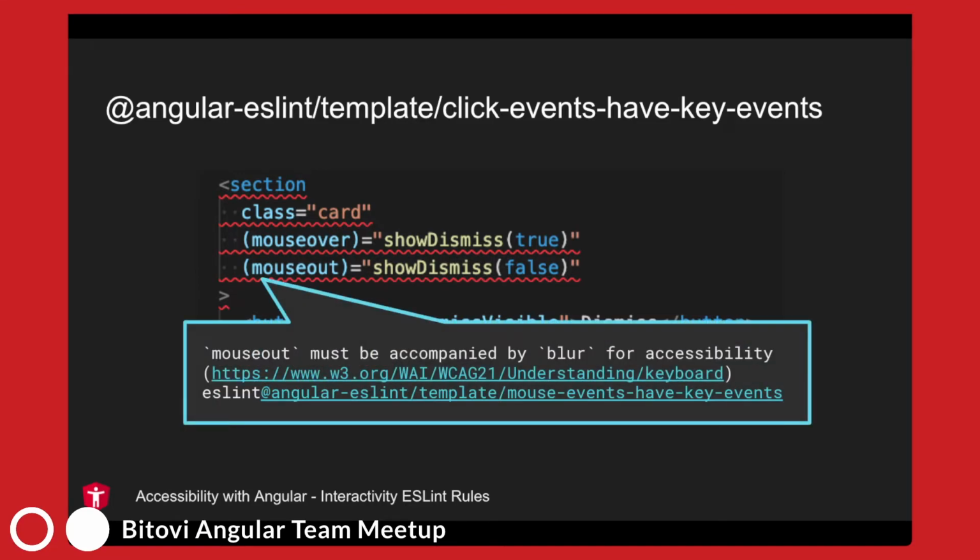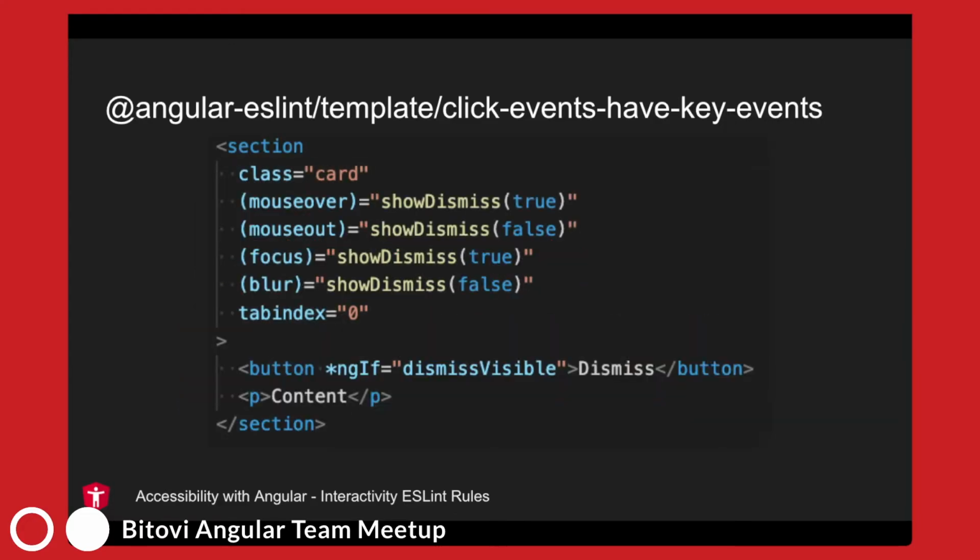So we get our error here saying mouse out needs to be accompanied by blur, and mouse over needs to be accompanied by focus. So the way that we fix this is a little bit more than just adding those two event handlers. However, I've added those, so we've got a focus and blur event handler. And also I've added tab index 0 so that it's possible to use the keyboard and tab into the entire section, giving it focus.